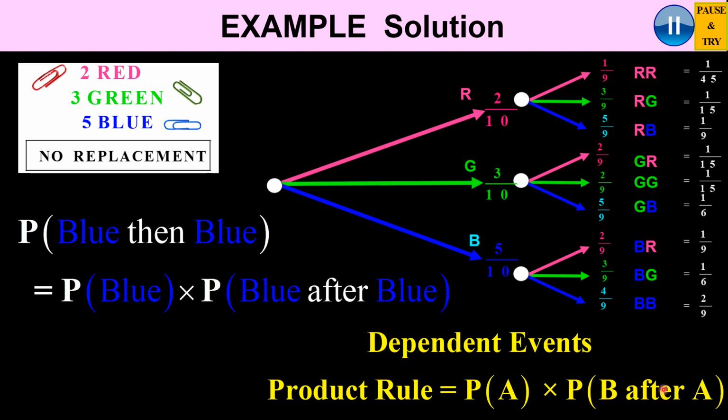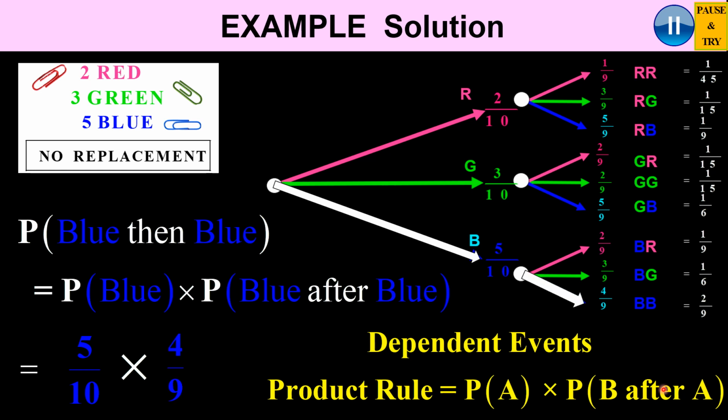So then it's the probability of blue times the probability of blue after blue, and there's the probability of getting a blue, that's 5 over 10, and then the probability of getting a blue again, but now it was no replacement, so that is times 4 over 9, and that gives us 5 over 10 times 4 over 9 gives me 2 over 9. So that is blue, then blue, and this is one with no replacement.